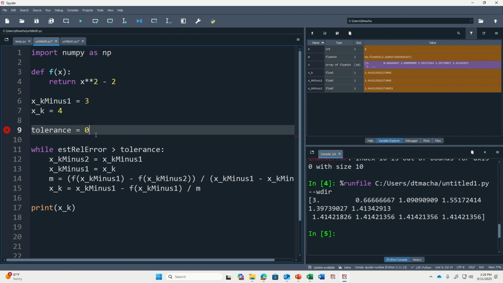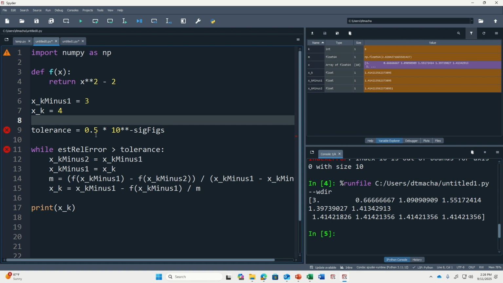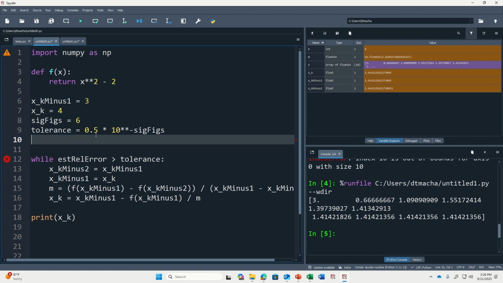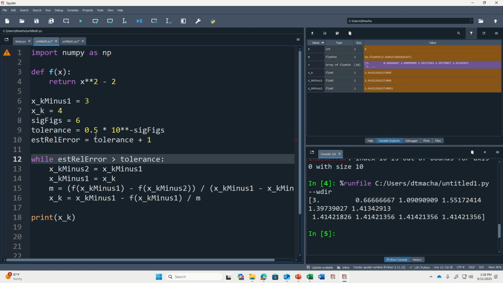My tolerance should be 0.5 times 10 to the power negative number of significant figures. And my number of significant figures that I want is 6. And then I have to get this started by making my estimated relative error greater than my tolerance. Otherwise, the loop isn't going to start. And then I say, okay, while the estimated relative error is greater than the tolerance, do this.